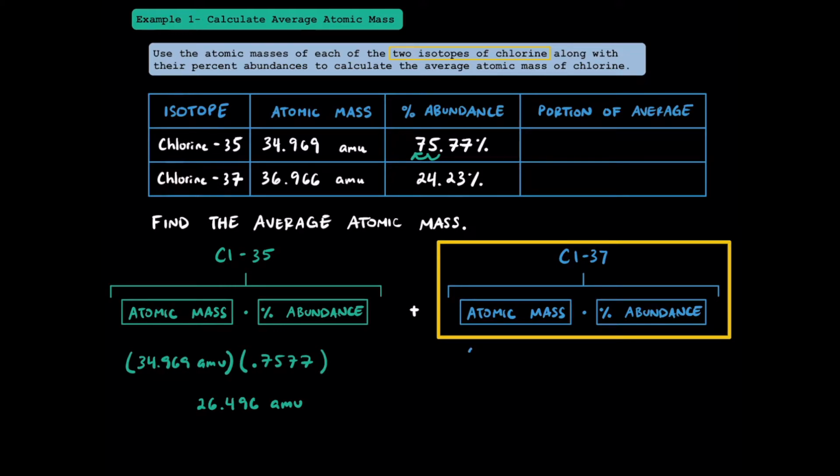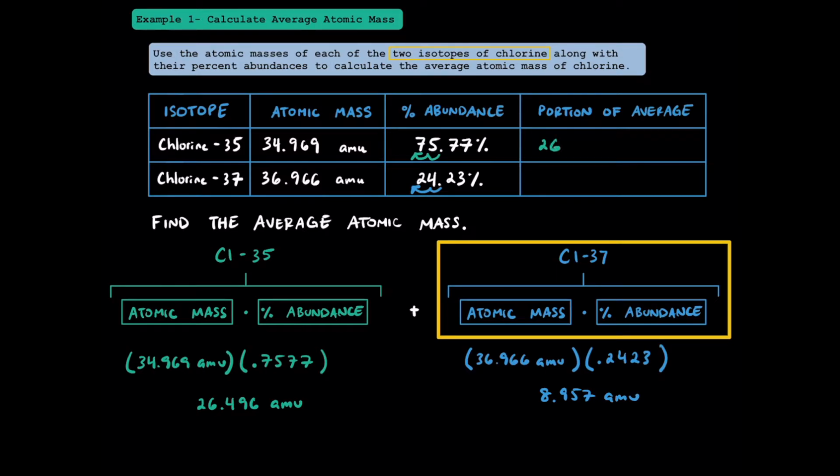Now let's calculate the portion of the average atomic mass that chlorine-37 contributes. The atomic mass of chlorine-37 is 36.966 AMUs, and we're going to multiply that by the percent abundance as a decimal. Dividing 24.23% by 100, or sliding the decimal twice to the left, we can write the percent abundance as 0.2423. Multiplying these together, we're going to get about 8.957 AMUs.